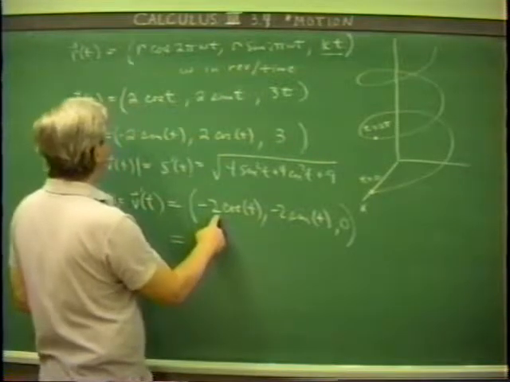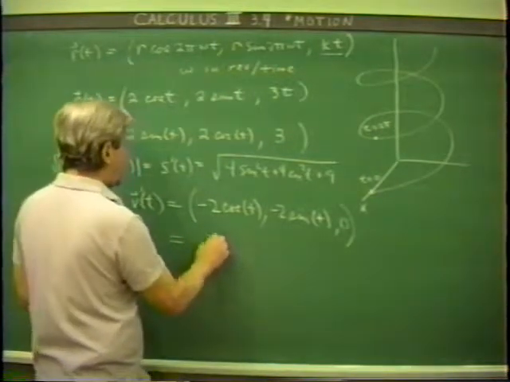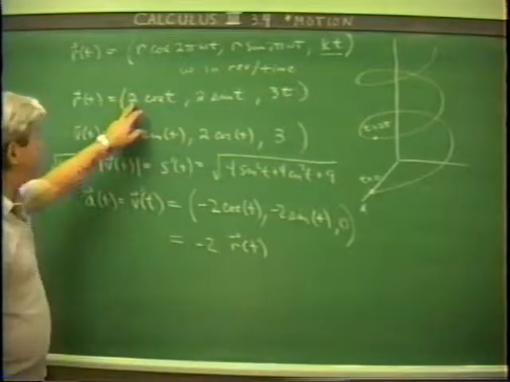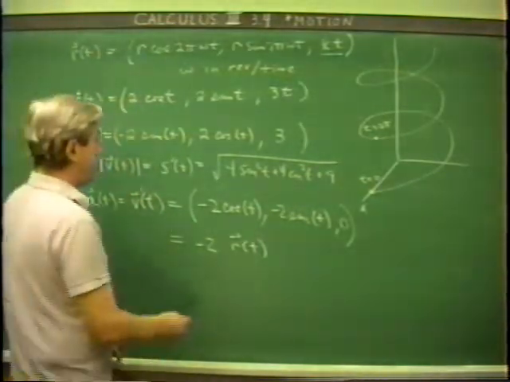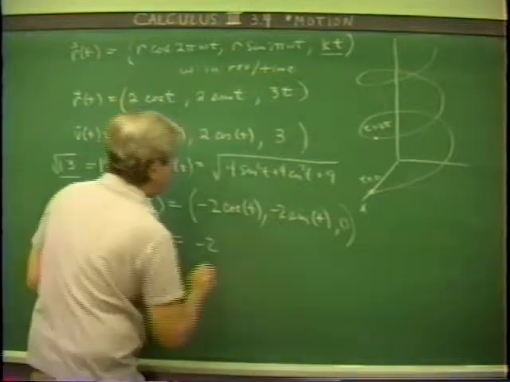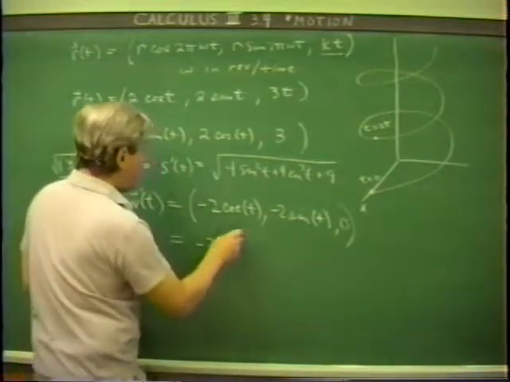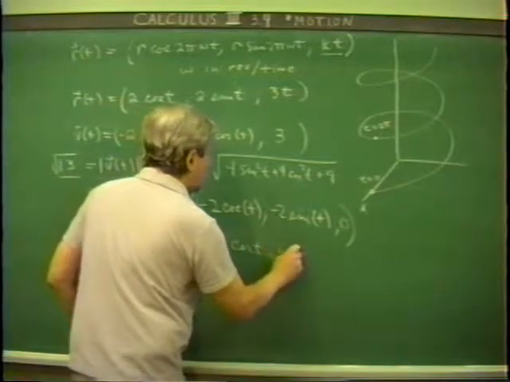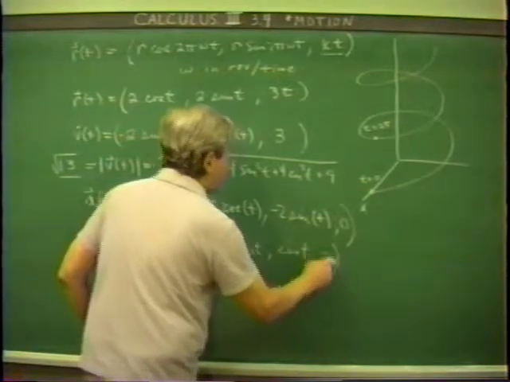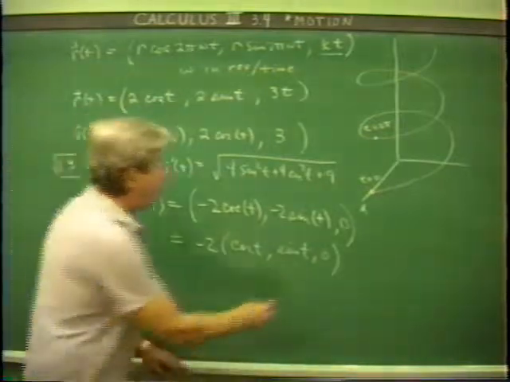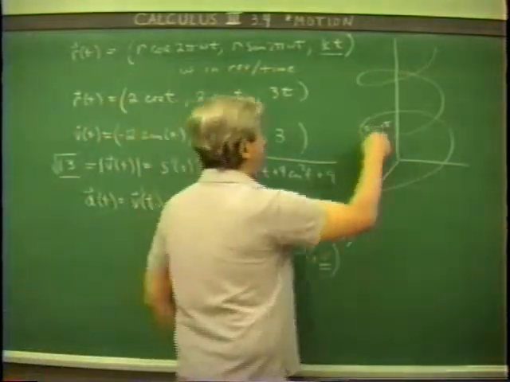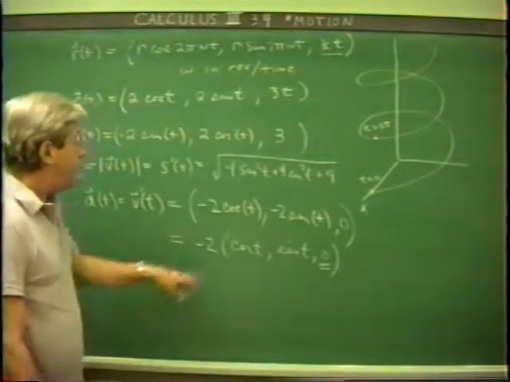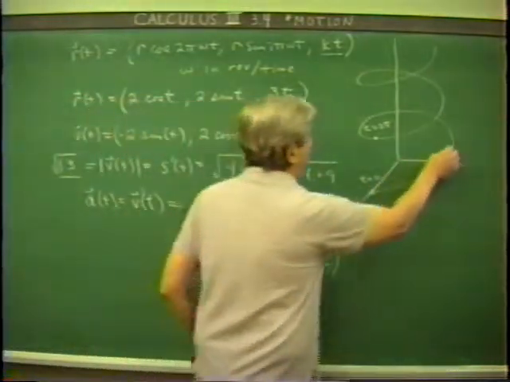So what this indicates is what? That this is equal to minus 2 times r of t. R of t was, well, not quite. Right? It's equal to minus 2 times cosine t, sine t, 0. This indicates that there's no acceleration in the upward direction here. The upward velocity is a constant.